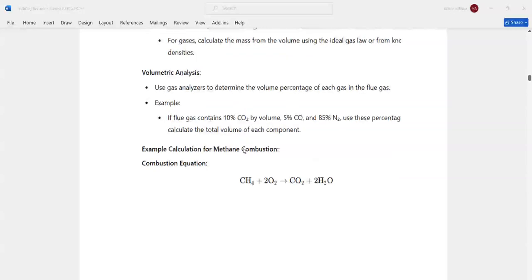By volumetric, obviously, you do this on gases, and so here we use gas analyzers.